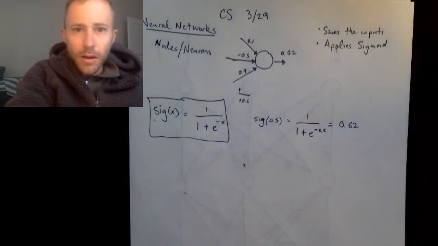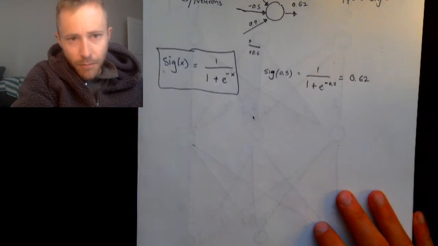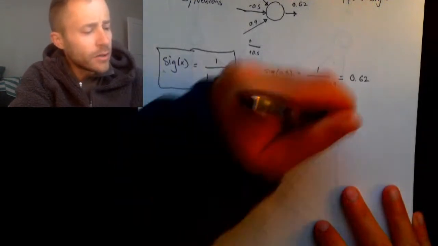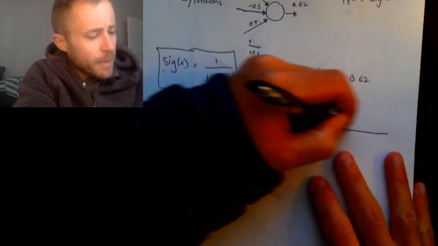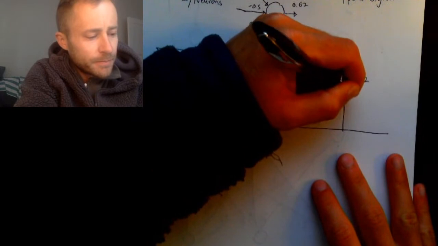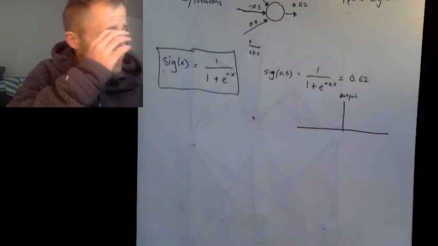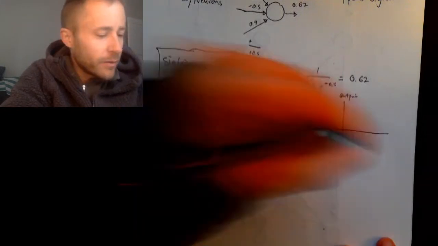If we were to graph the sigmoid function, here's what it looks like. You have an output and then you have an input.